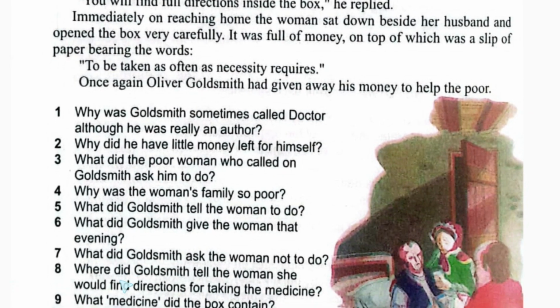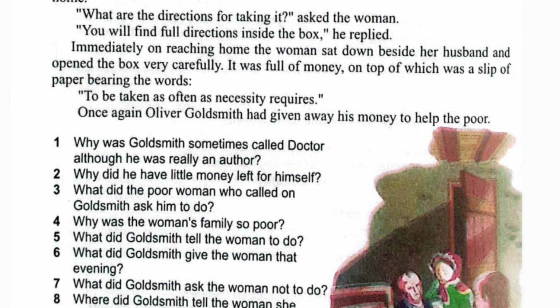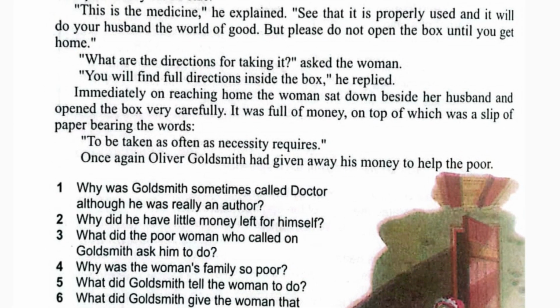Number 8, where did Goldsmith tell the woman she would find directions for taking the medicine? This is also a very easy answer. "This is the medicine," he explained. "See that it is properly used and it will do your husband the world of good, but please do not open the box until you get home."